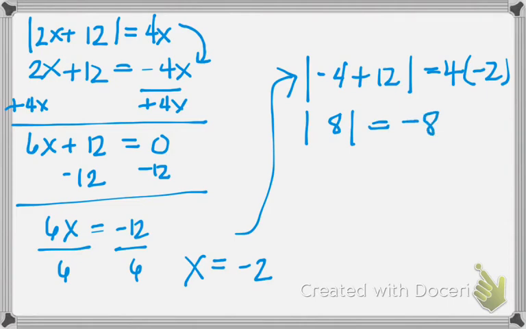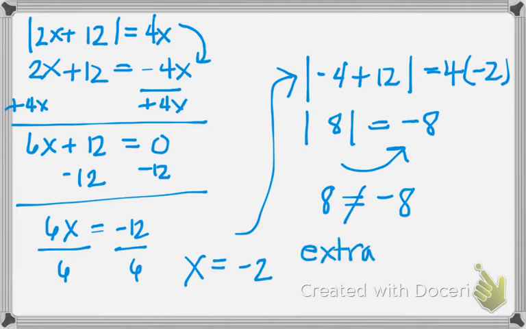Notice an absolute value, again, we're moving a set number of units, and that's always positive. There is no way it can equal a negative number. So the absolute value of 8 will equal 8 by definition, and that does not equal negative 8. So this is what we call an extraneous solution, or a solution that appears to be correct but is not.